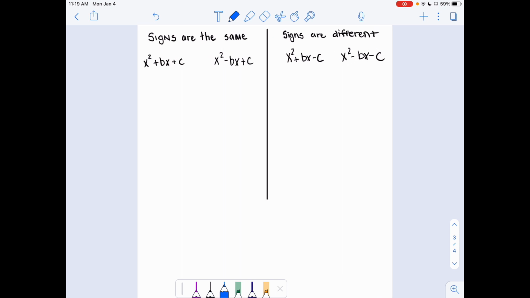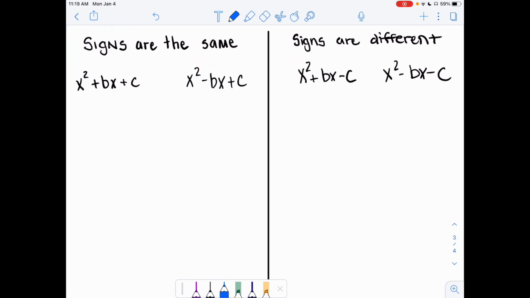Let's go ahead and summarize what we have learned, what our tips and tricks are. If your C value is positive, the signs of your binomials will be the same. If your C value is negative, the signs will be different. Both terms will be positive if your B is positive.